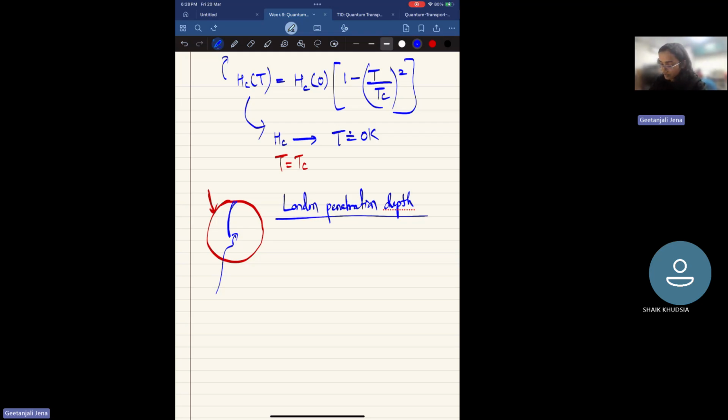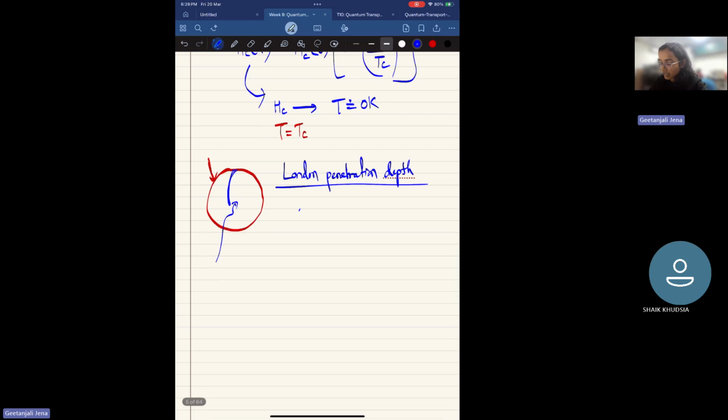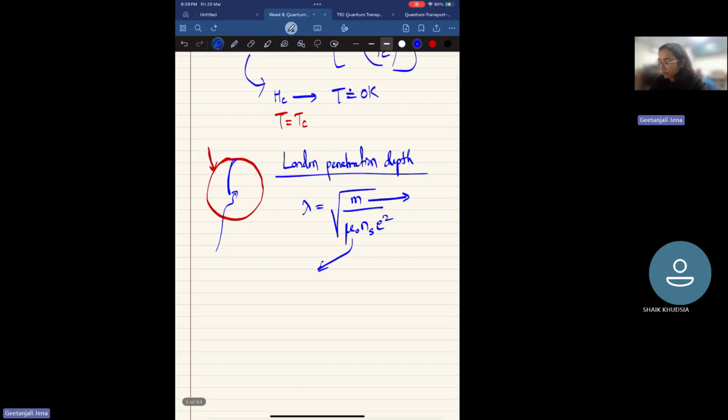And there is a relation which is already given in the lecture, which is m by mu naught ns e square. m is the effective mass of superconducting electrons, which is the Cooper pairs. Mu naught is the permeability of free space. ns is the charge density of the superconductor, e is the charge of this Cooper pair.